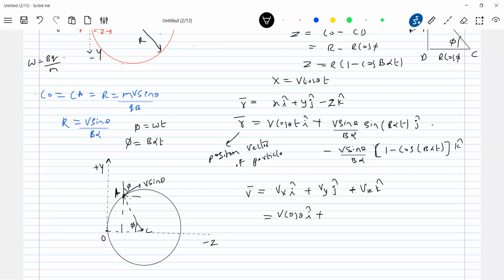Or you differentiate directly. It is better to learn this method also. So this will be V sine theta cos phi j cap plus V sine theta sine phi k cap. Theta is given for us, whereas cos phi is not given. What is cos phi? You can write it. Cos of omega, where omega is b alpha t, j cap. Minus, sir.